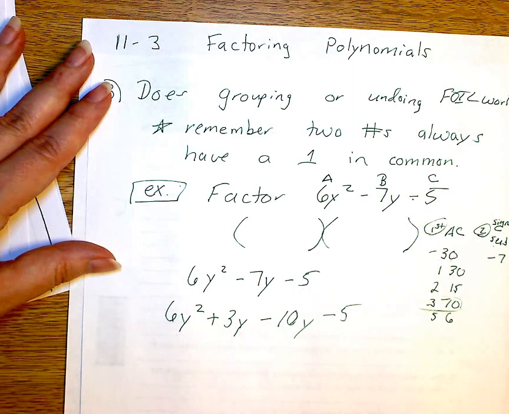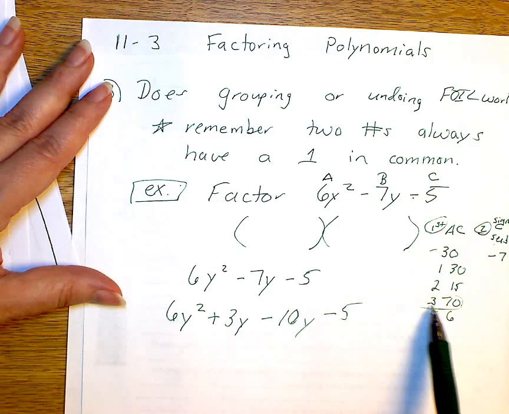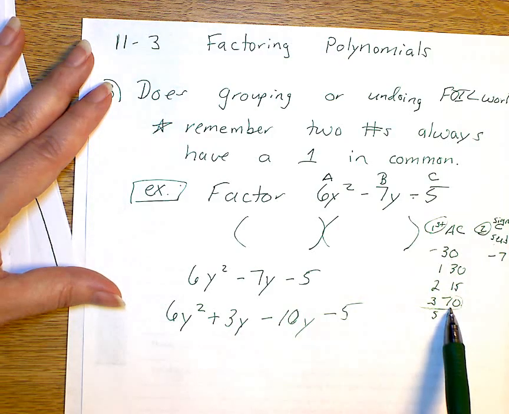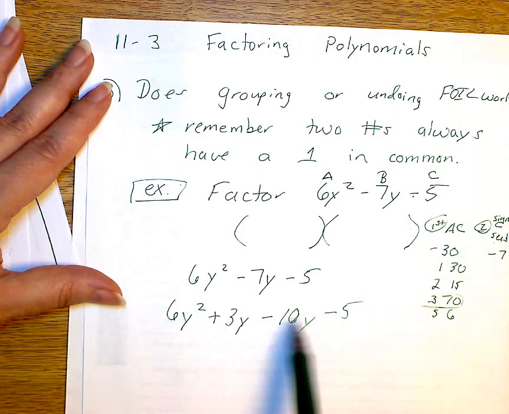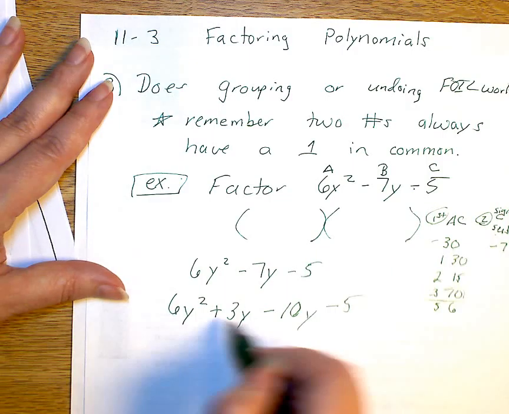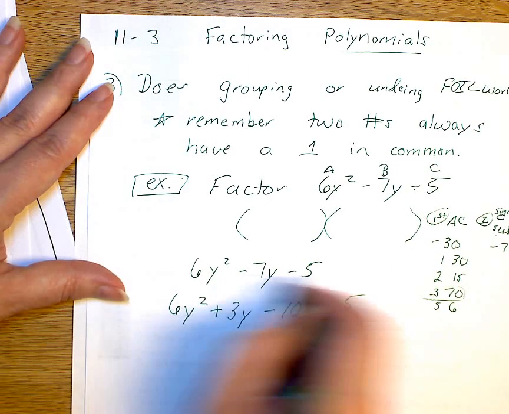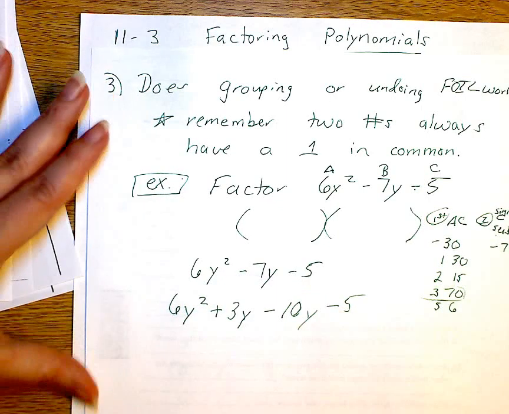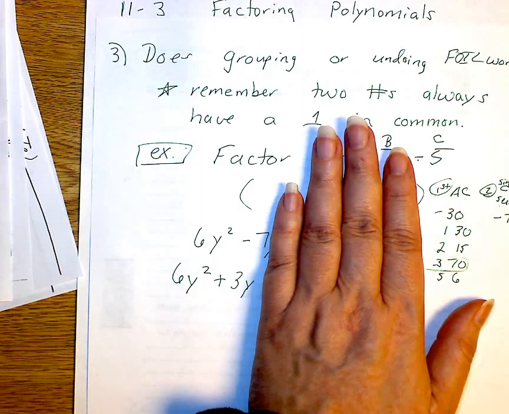So then what we're doing is we're rewriting this using 3 and -10. So we have 6y squared plus 3y minus 10y minus 5. Hopefully you all agree that if I added this together, it's going to give me this. So I'm just working backwards. Now you have to trust me on this.